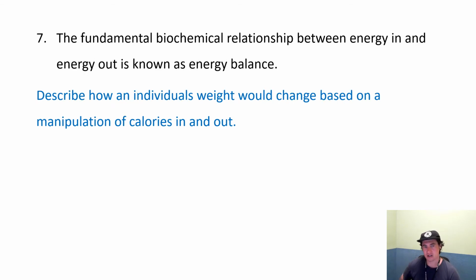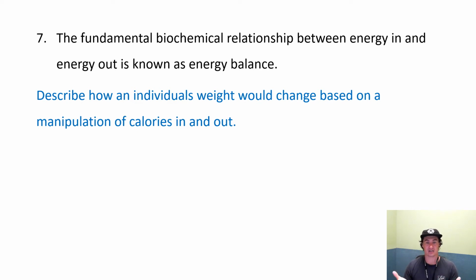Okay, question 7, the fundamental biochemical relationship between energy coming in, so that's anything that we consume, because remember we can only transfer it to something else, so we need to bring it in, and the balance between energy out, so that's the energy that we burn to stay alive, to move, to function. This is known as energy balance.